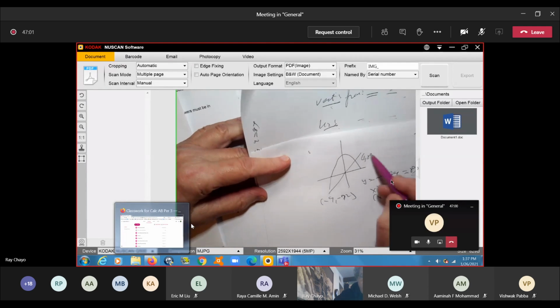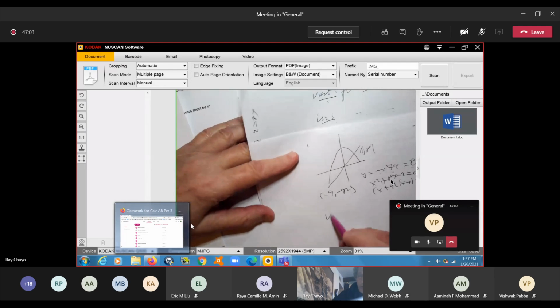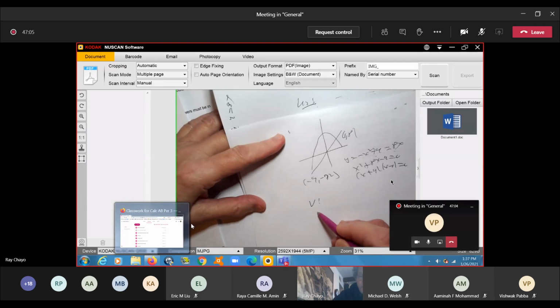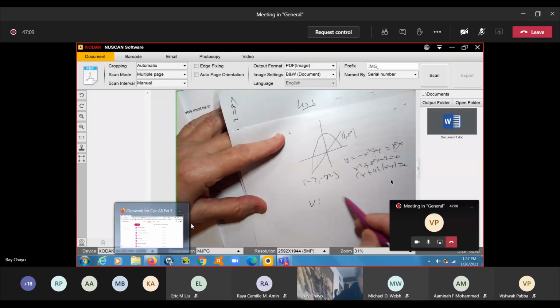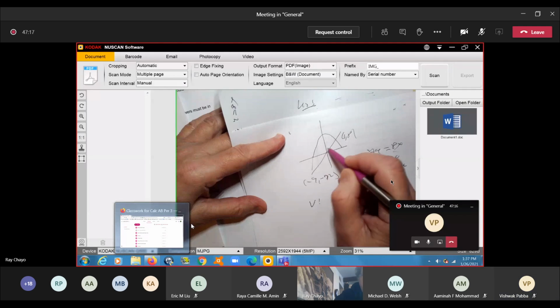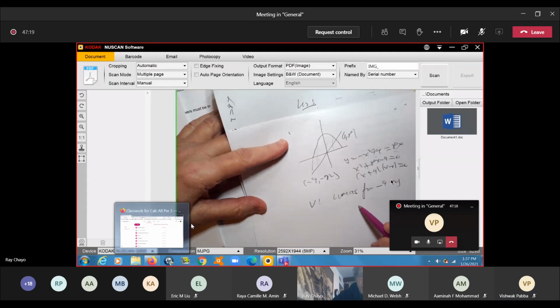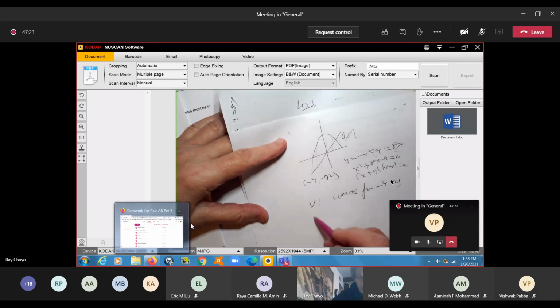And so if you're doing vertical strips, that's this way. Your limits would be from where to where? Negative 9 to 1. Yes. So all you need is 1. I didn't give you this one, but I could.